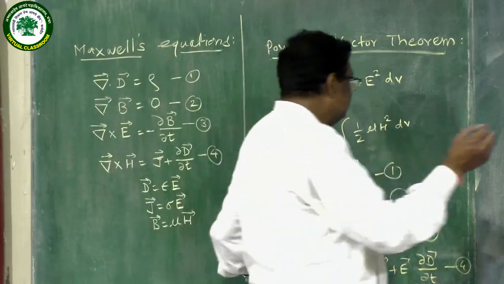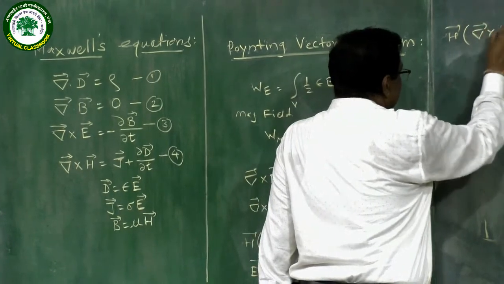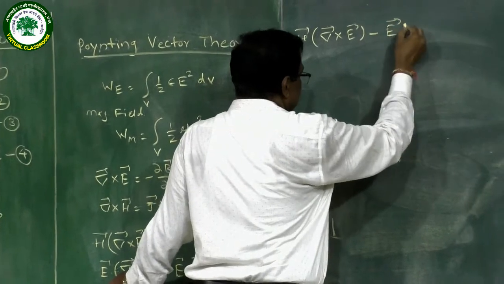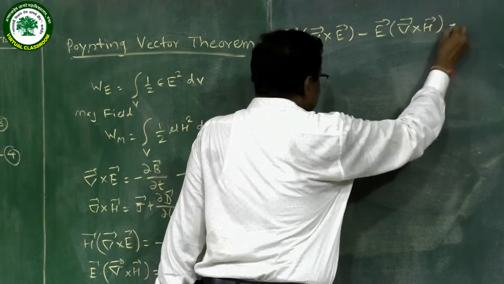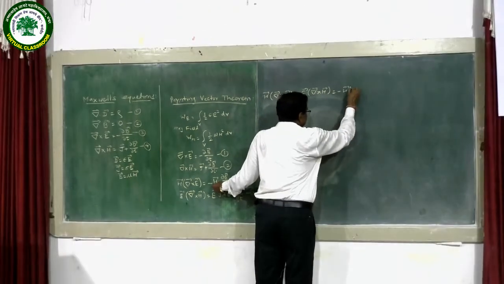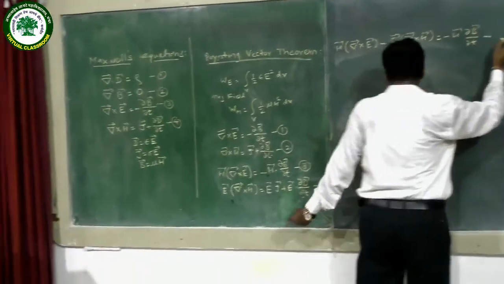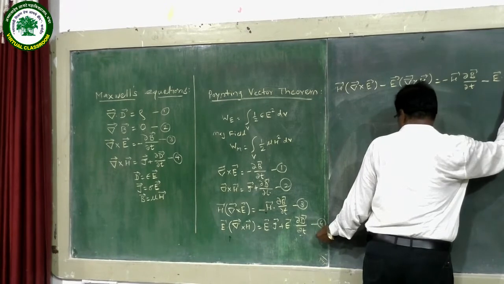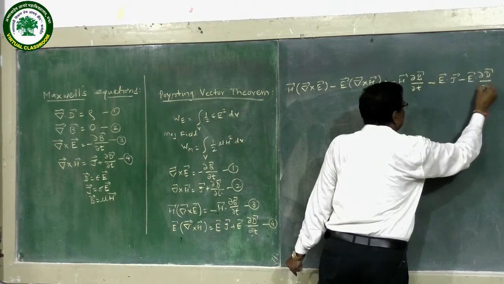On the left-hand side it becomes H dot curl of vector E minus E dot curl of vector H, and on the right-hand side we have minus H dot delta B upon delta t minus E dot J minus E dot delta D upon delta t.